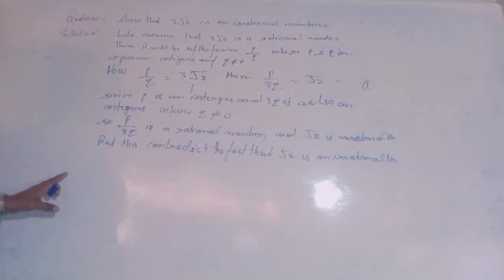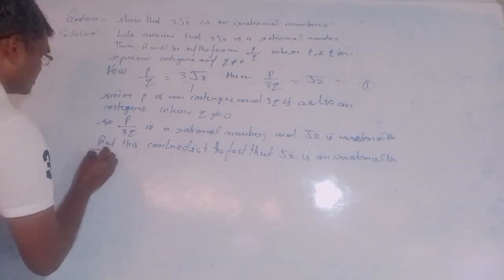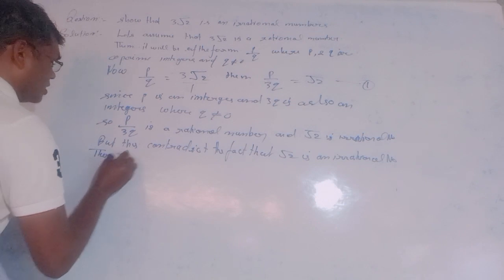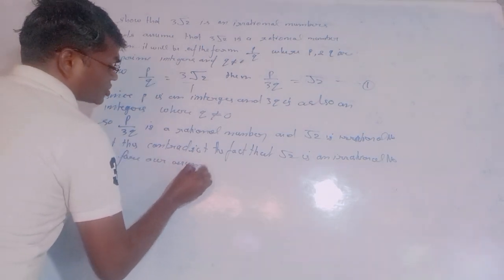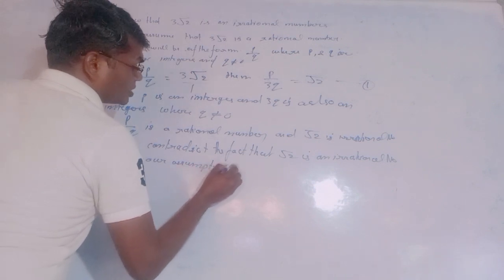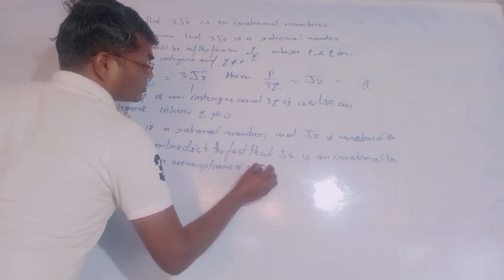Okay, root 2 is an irrational number, therefore our assumption is wrong.